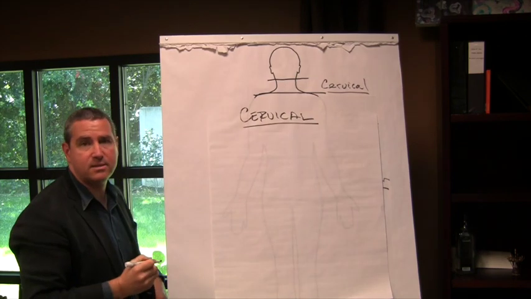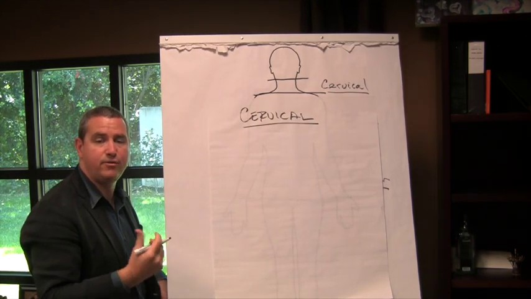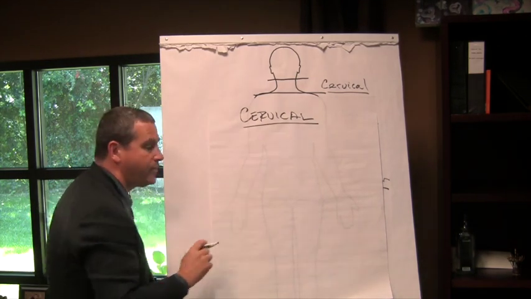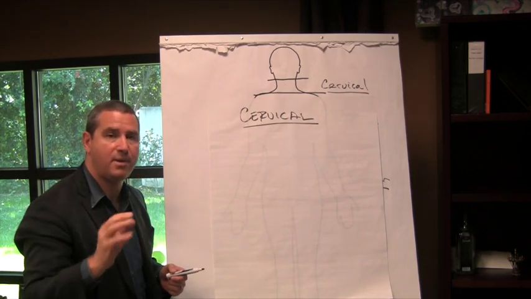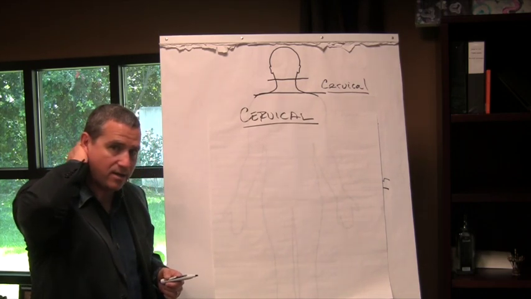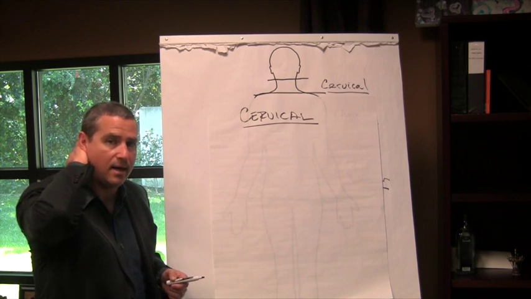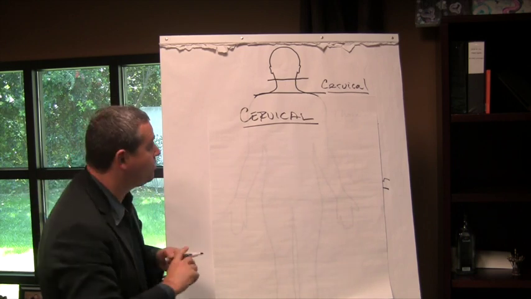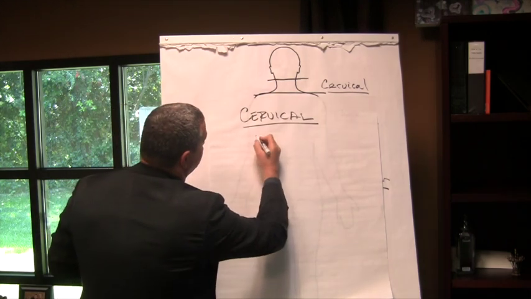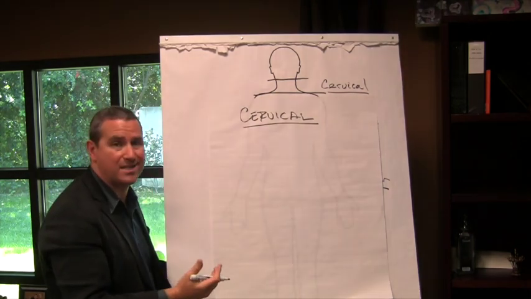Now, the basic spine anatomy has a few different components. If you think about the spine, if you feel along the back of your neck, you'll feel these sort of bony bumps, and those are the backs of the vertebrae, and they're called spinal processes.